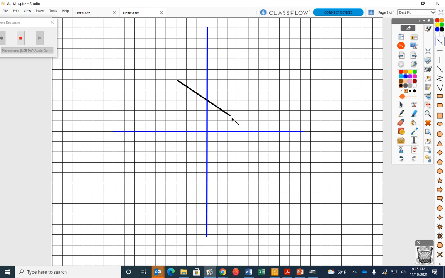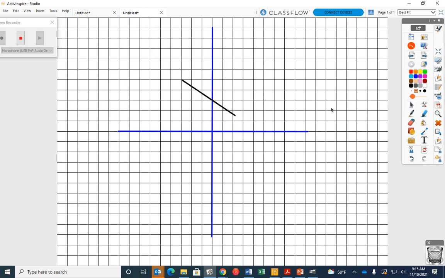Okay, let's say I looked at this line. You can tell me where it crosses the y-axis, right? What's the y-intercept of this? 2. Now, where does it cross the x-axis? 3.